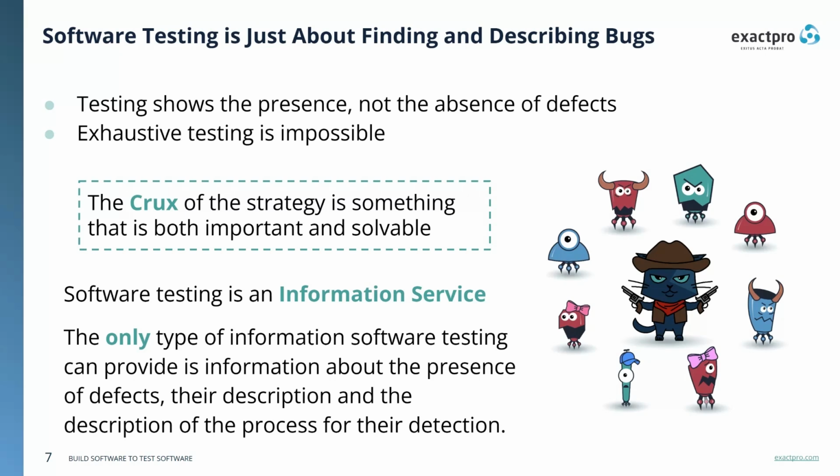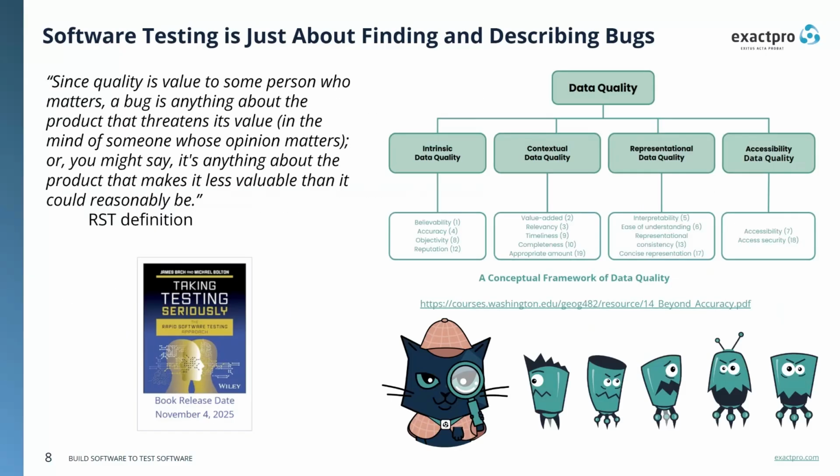It only can describe what is wrong. And the definition of bug in my personal practice, I try to use the definition from Rapid Software Testing, where a bug is linked to a threat to value.